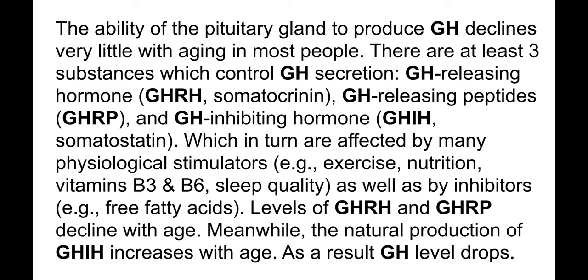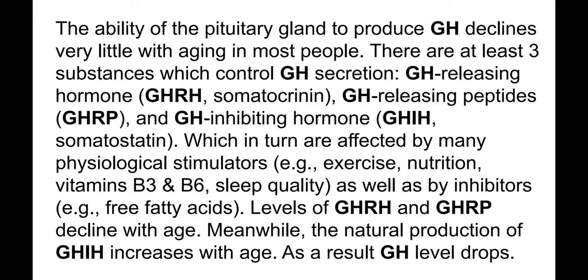But there are at least 3 substances which control the growth hormone secretion: growth hormone releasing hormone, somatocrinin, growth hormone releasing peptides, quite many of them, and growth hormone inhibiting hormone, somatostatin, which in turn are affected by many physiological stimulators. For example, exercise, nutrition, vitamin B3 and B6, sleep quality, zinc, magnesium, etc. As well as by inhibitors, that is, for example, free fatty acids in blood.